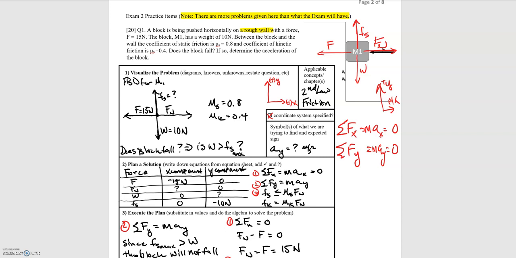It's the y direction that you're not sure about. That's the question mark, because you don't know what the static frictional force is. If it's the same as the weight, then the block's not going to move. But if the maximum static frictional force is less than the weight, then the block is going to fall down. There's nothing to keep it from falling down.